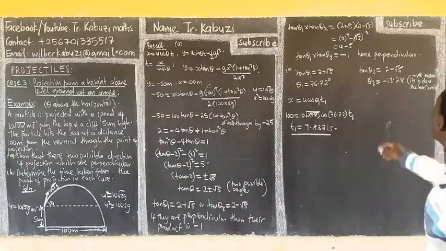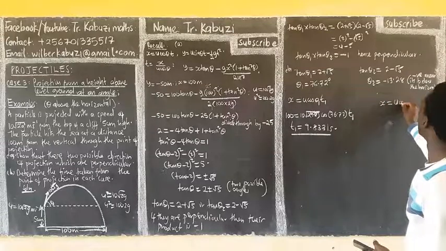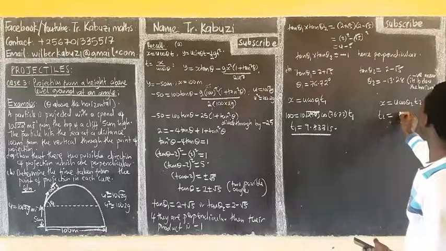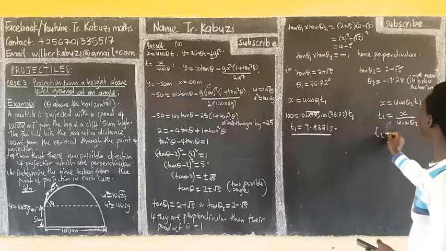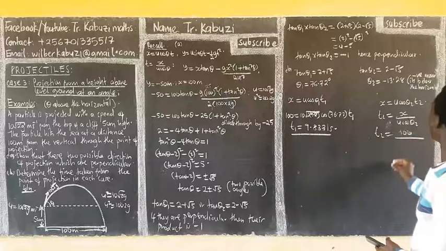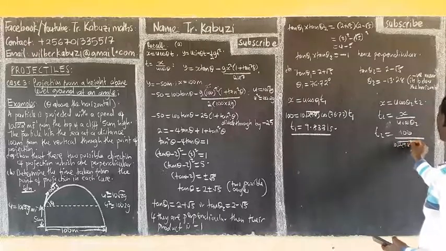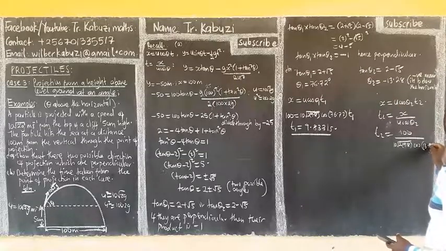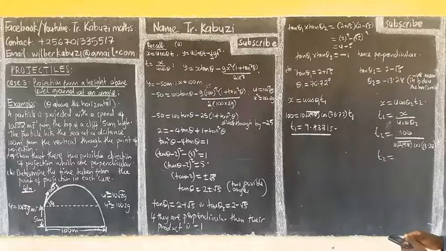So the time for the projection, if we take this as our angle, is that. Then for this one, x will be equal to u cos theta 2 times t2. So t2 will be x over u cos theta 2, which is 100 over 10 root 2 into cos of 13.28, taking it as positive, not negative.